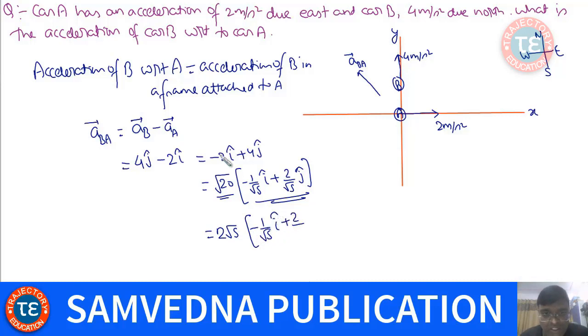You take out the magnitude from the vector, what remains is the unit vector. That is telling you the direction, the unit vector in this direction, n cap, and the magnitude is 2 root 5. Getting the point?